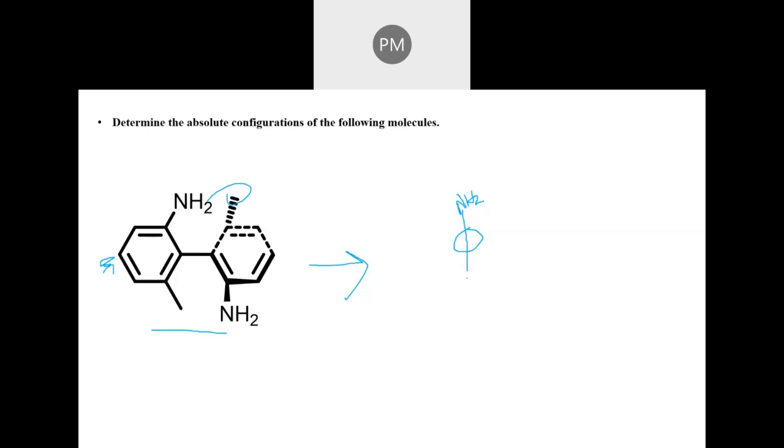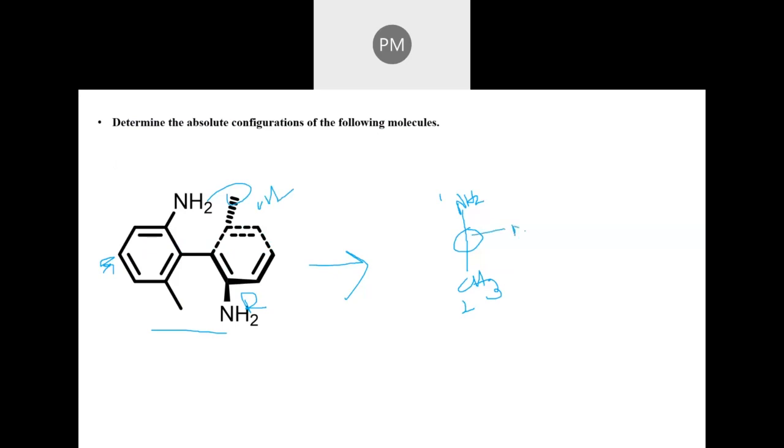Methyl will be on the below side. After drawing this, we have to assign priority to these two substituents. This will be our first priority and this will be our second priority. Now if we look from this side, NH2 will be on the right side and methyl will be on the left side.